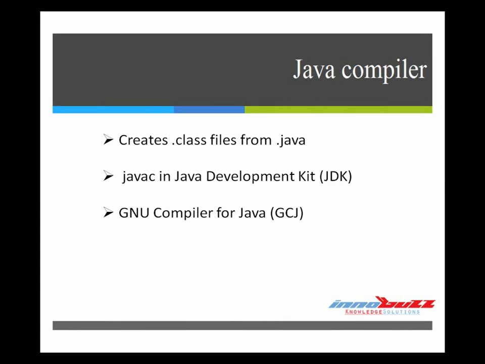There is also the GNU Compiler for Java, the GCJ. The code compiled by this has better performance at startup. There are also built-in compilers in program text editors or in integrated development environments such as Eclipse or NetBeans.